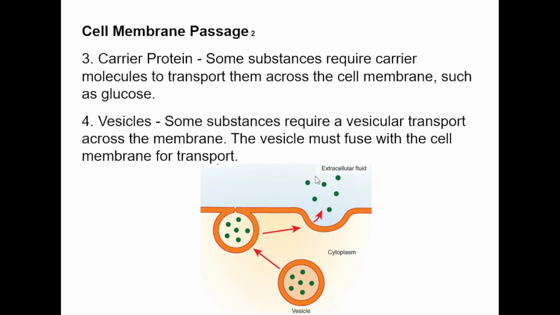Kukunin niya yung substances na yan and it will bring it inside, or it can also be the other way around. Substances inside the cell will be taken by your vesicle and will be brought to the cell membrane, and then they will be released outside. So basically, pag vesicle, a part of the cell membrane invaginates and forms a vehicle through which substances can be transported. Okay?